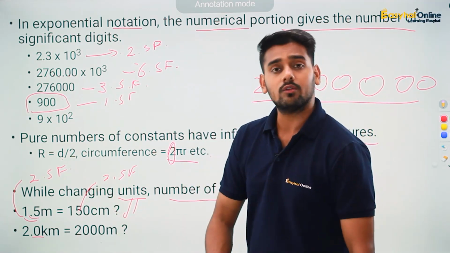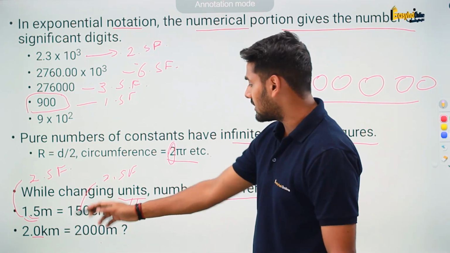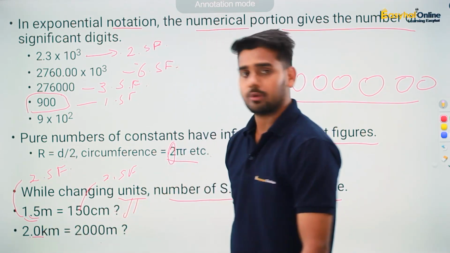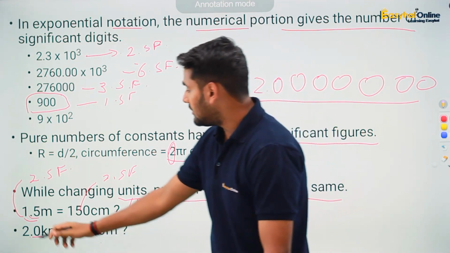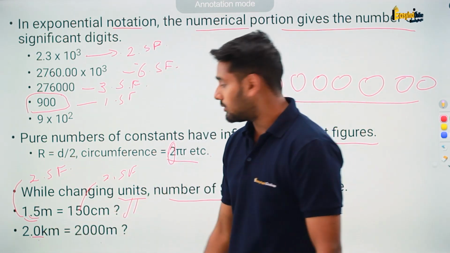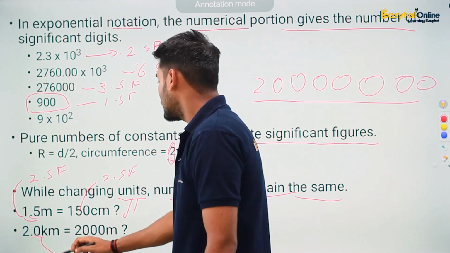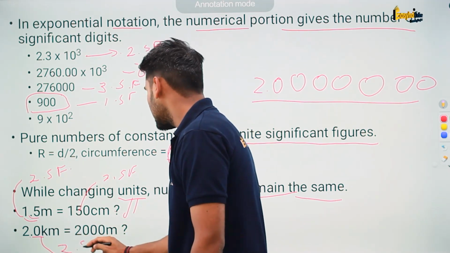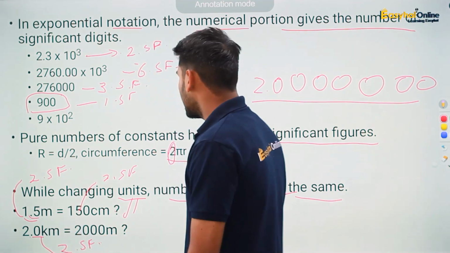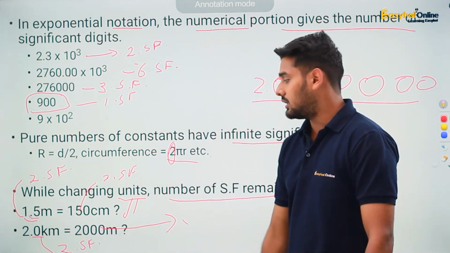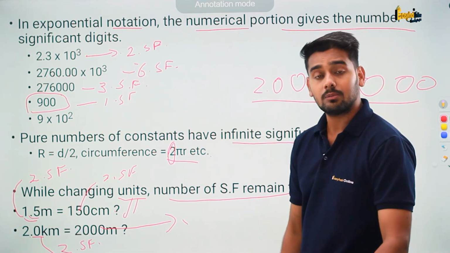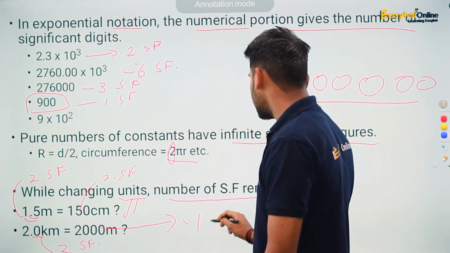So mathematically there's not much problem here. But from the perspective of significant figures, how many significant figures are there? 2.0 kilometer. Remember, after the decimal, the trailing zeros are significant. Therefore, this 2.0 kilometer will be taken as 2 significant figures. Okay. But what about 2000 meter? For 2000 meter, there is no decimal point. That means the number of significant figures in this case is 1.